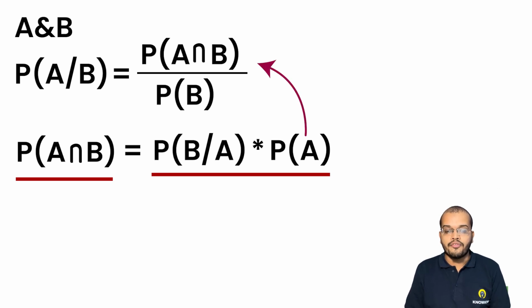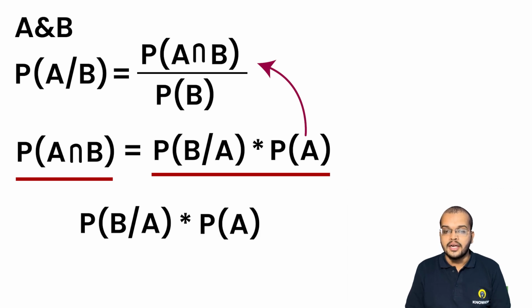Am I right? So what will we write here? Probability of B given A times probability of A, divided by, in the denominator, probability of B.